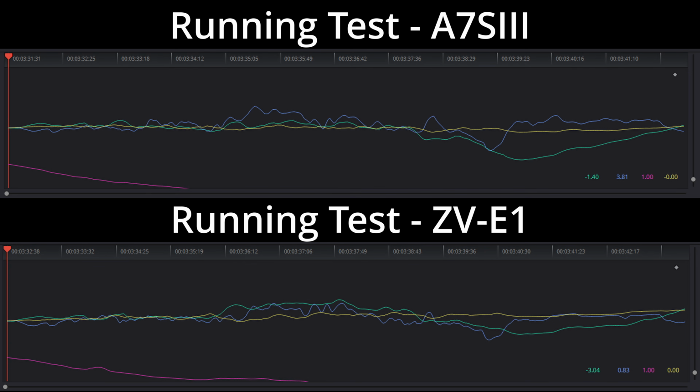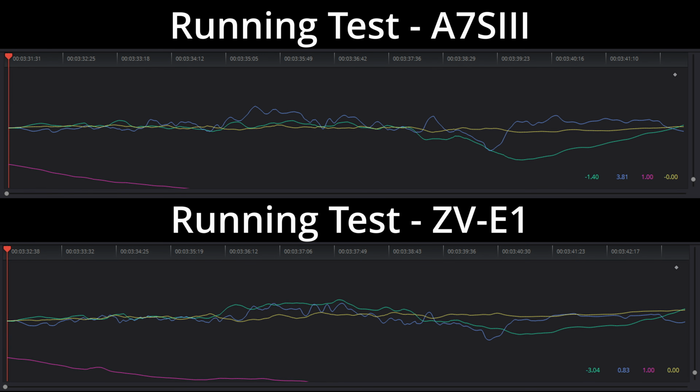So it gives you these graphs, and these graphs essentially tell you how shaky the original footage was. So it basically tells us how much stabilization still needed to be applied to get them 100% stable. So the more these graphs go up and down, it means the less the camera did its job of stabilizing the footage.